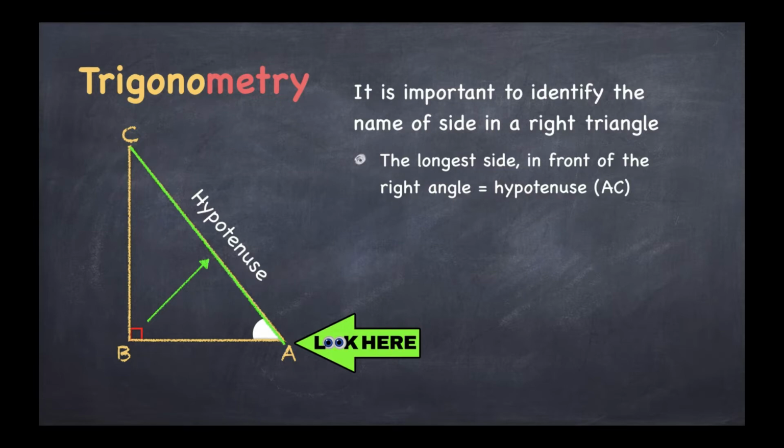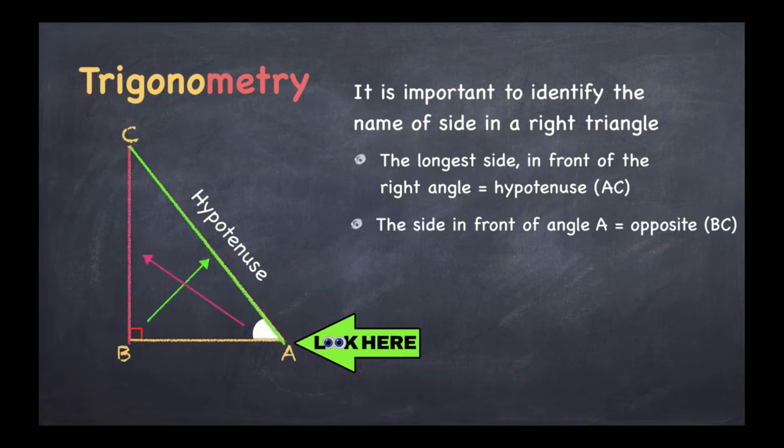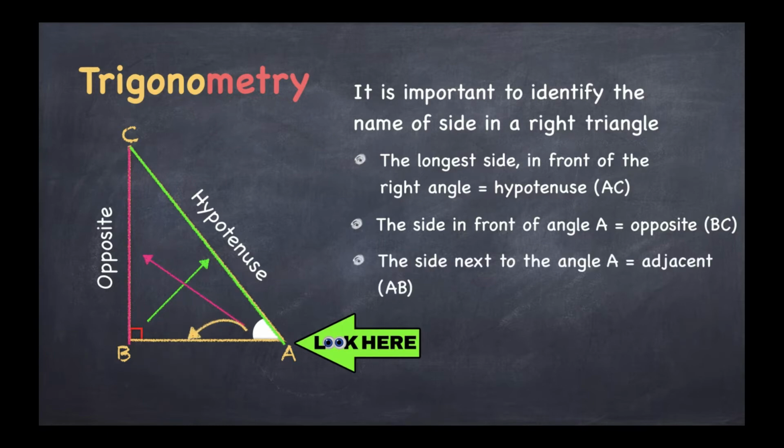In this case, the hypotenuse is side AC. And the side in front of the angle A is the opposite, or the side BC. Now, starting from the angle A, there is a side next to the angle A, and the name is the adjacent side. In this case, the adjacent side is AB.